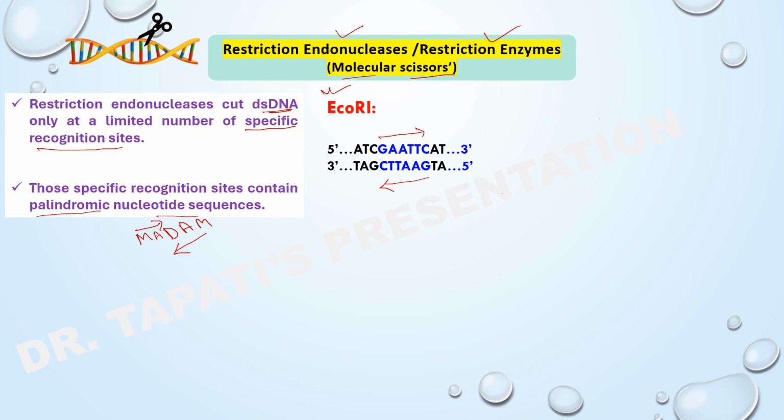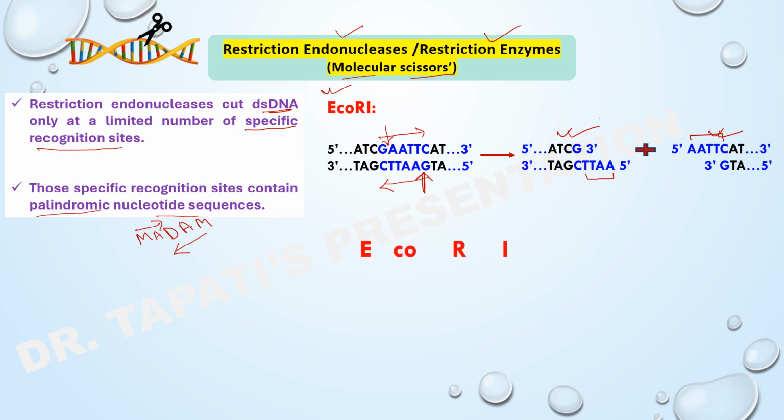It cuts the DNA between bases G and A. So the cutting positions are here and here, between G and A, when the sequence GAATTC is present in the DNA, and the enzyme cuts both DNA strands. Due to the action of this enzyme, these are the fragments obtained from this process, and you can see that sticky ends are formed. That means overhanging positions are there at the 5' ends of these two fragments.